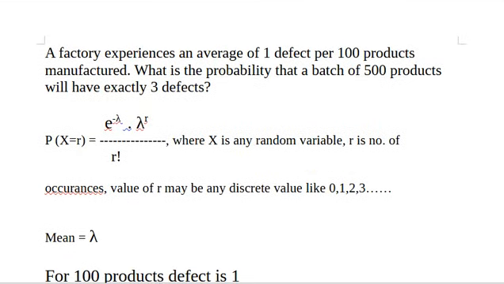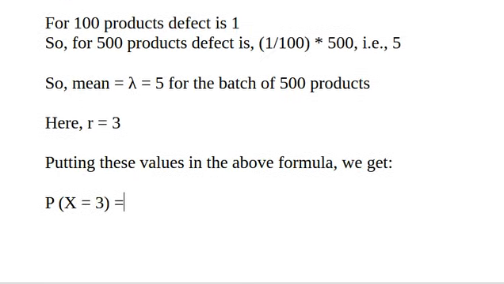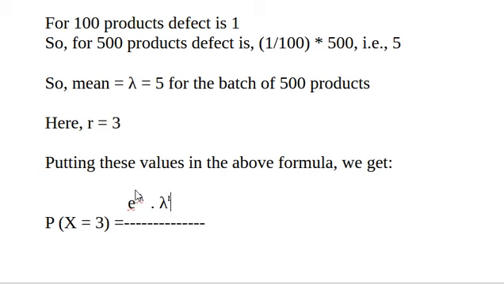So e to the power minus lambda, and in place of lambda we write 5. We replace the value of lambda with 5, and the value of r with 3.